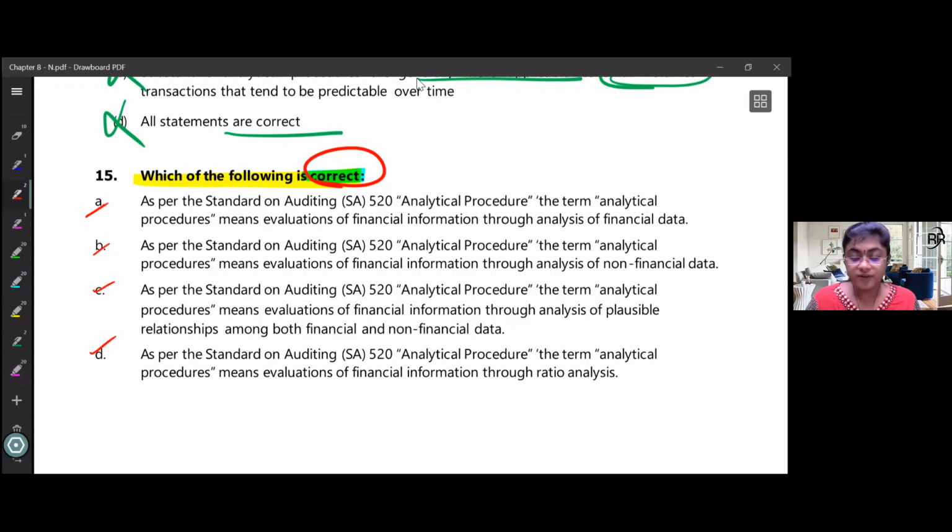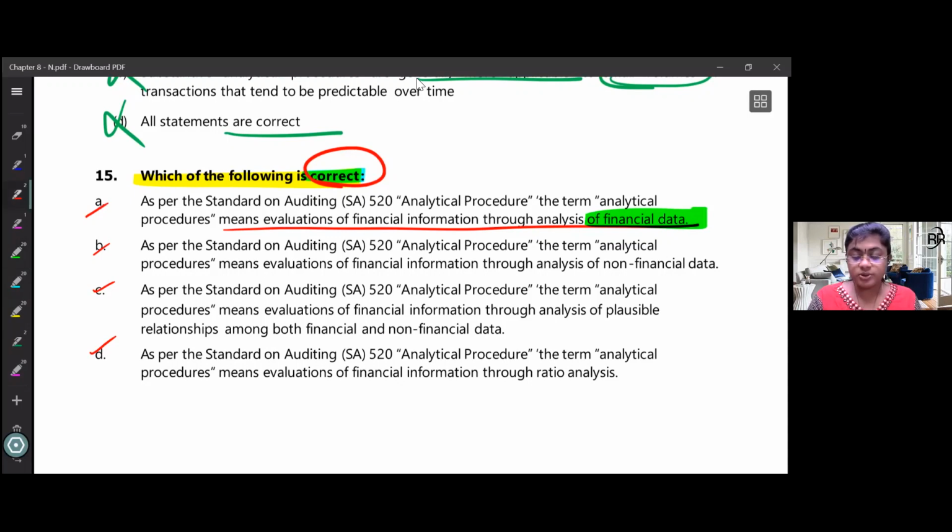As per SA 520, the term analytical procedure means evaluation of financial information through analysis of financial data. It's not only financial and non-financial, no?